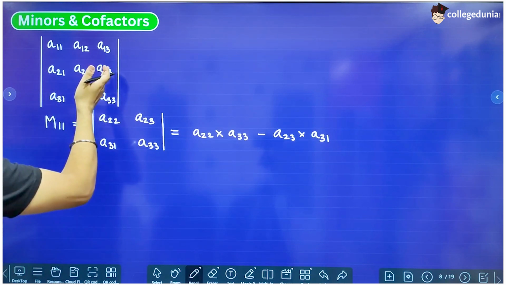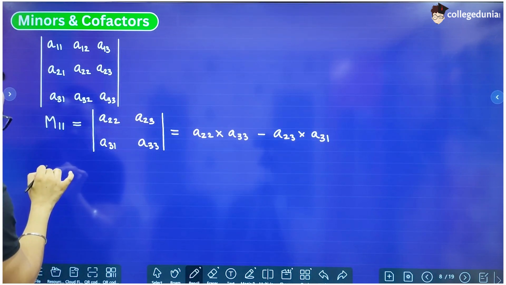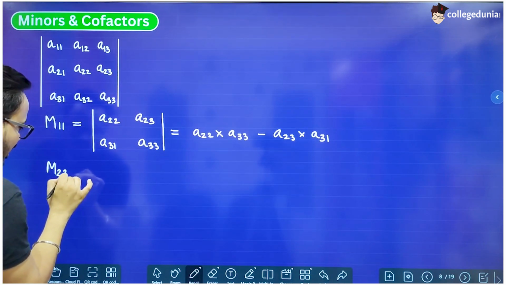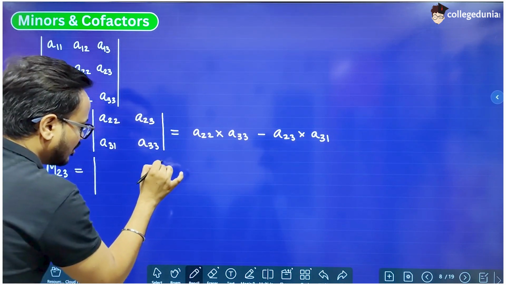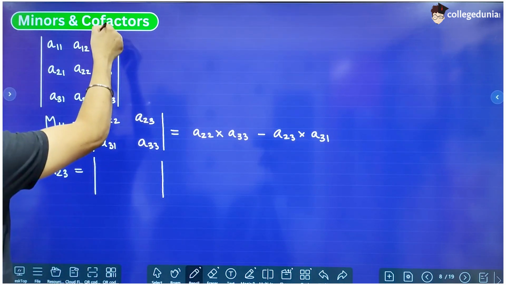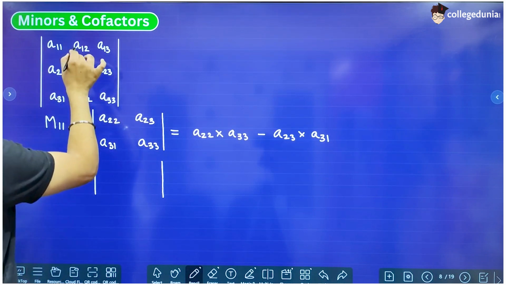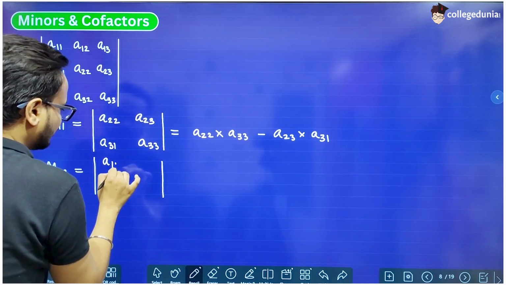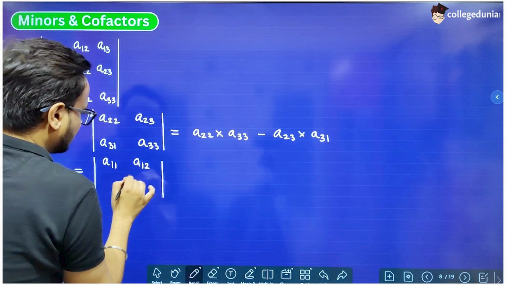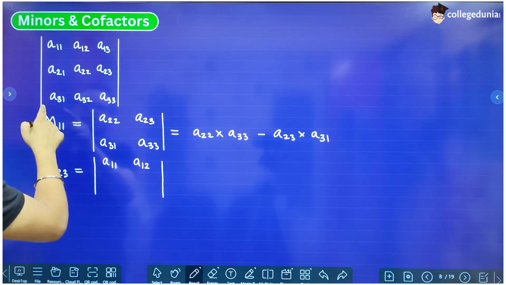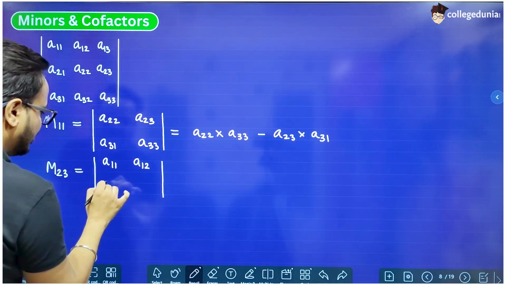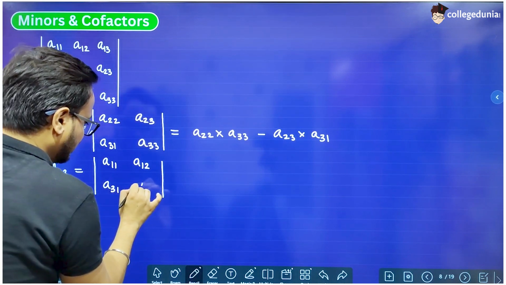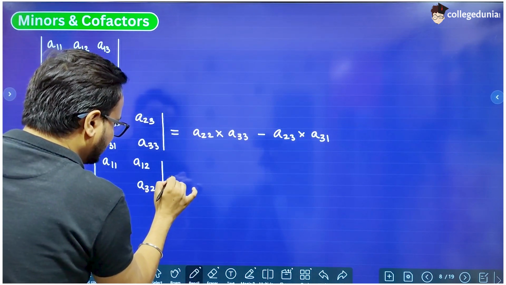Let's take one more example. Let's find the minor of A23. So the minor of A23 is M23. Just leave the row and column of A23. So A11, A12, A31, A32.